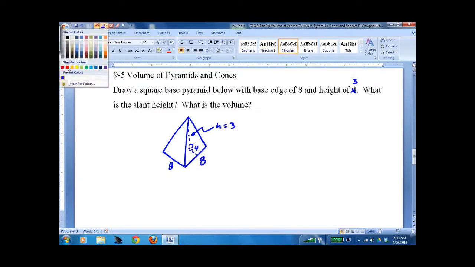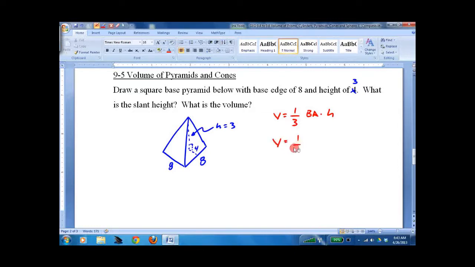And I drew in my half the base edge 4 there. I didn't need to, because again, the volume is just the base area times the height, but in a pyramid, we go 1/3. That's just the way it is. The volume is actually 1/3 of everything else.